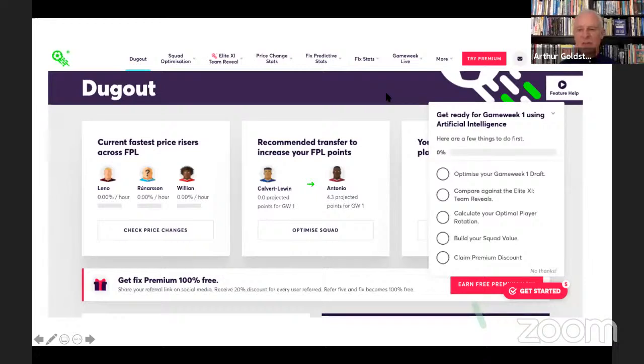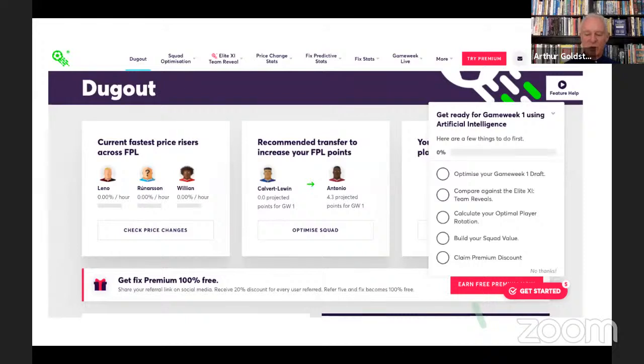But I'll just show you some of the examples of what the Fantasy Football Fix introduces in terms of artificial intelligence. And you can see there are 5 options that they have of what you can do: optimizing your game week, comparing yourself against the elite, calculating optimal rotation, etc., etc.